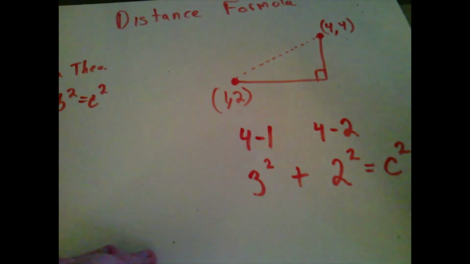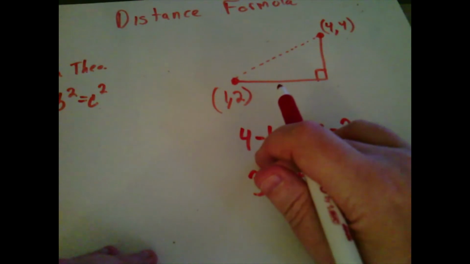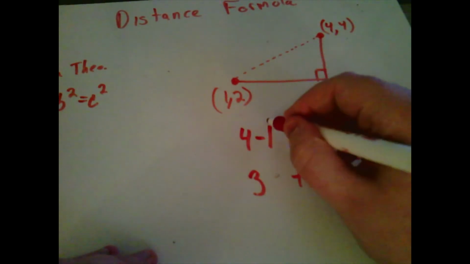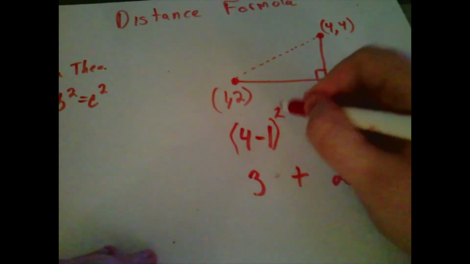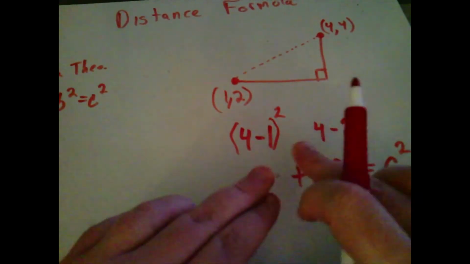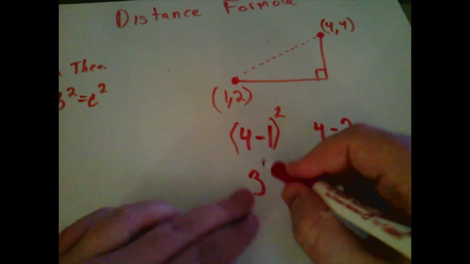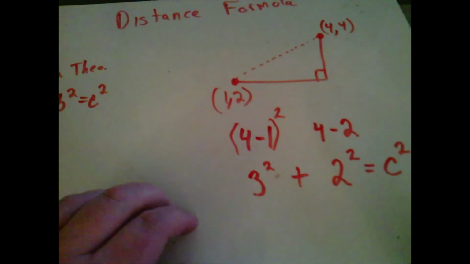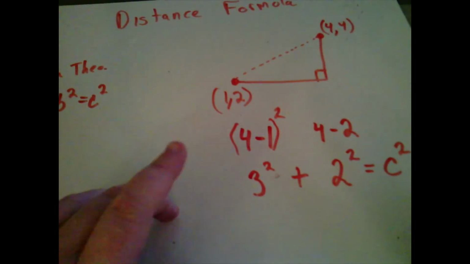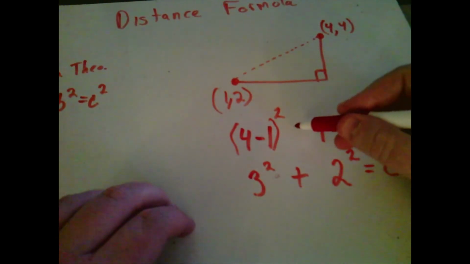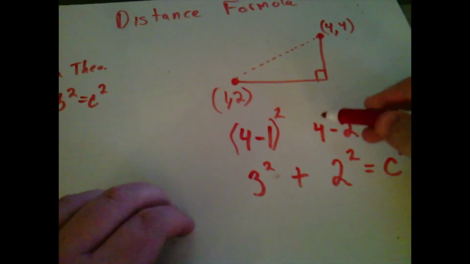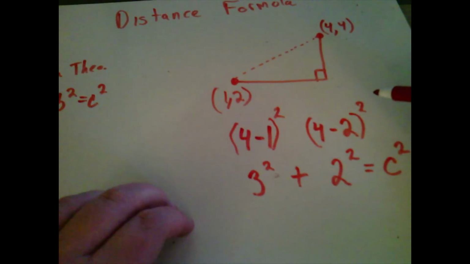Well, let's take this, and let's put this in parentheses and move that square up here. I mean, 3 squared was really just 4 minus 1, squared, right? Take a moment, convince yourself of that. And 2 squared, really that was just 4 minus 2, then squared, okay?